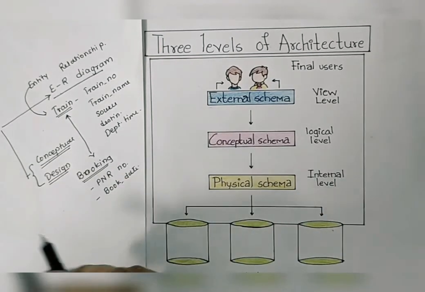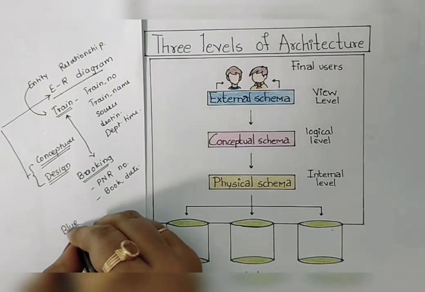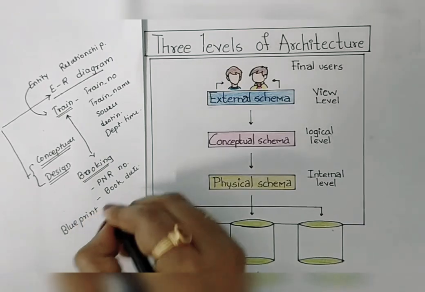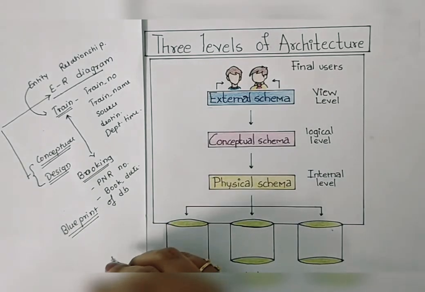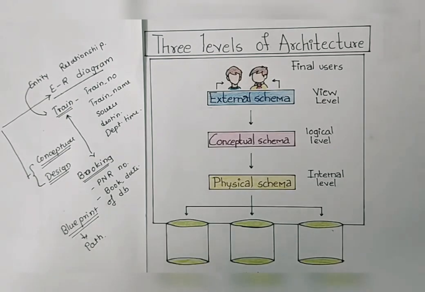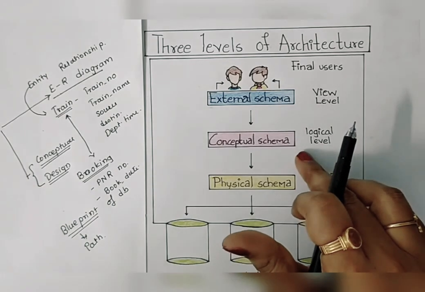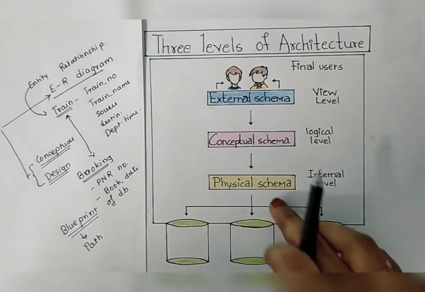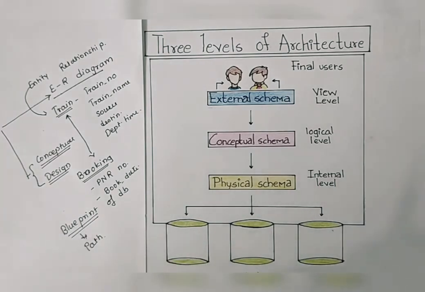Okay, so you can call this ER diagram a blueprint of your database. Blueprint is nothing but the path which is followed by the database administrator to create a database. So the designer will create this blueprint at the conceptual schema level, and at the physical level this database administrator will follow this path to create a database.